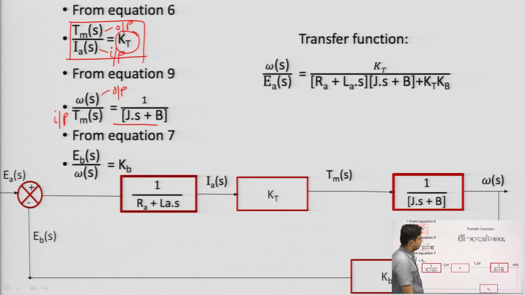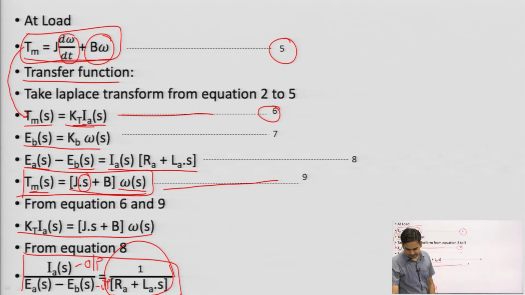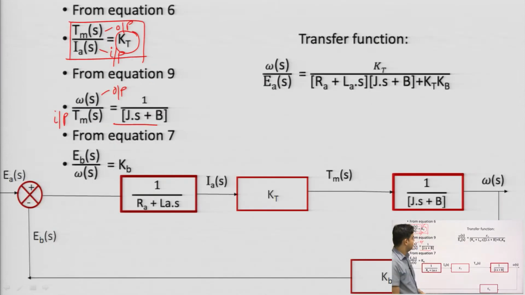Right now, what is happening here: E a minus E b is acting as my input and the armature current is coming as the output. Now this armature current acts as input, giving the torque as output. Now torque comes as input and provides omega of s, or angular velocity, as output. And from equation number 7, if you provide this angular velocity omega of s as the input, it will provide the back EMF as the output, given by k b.